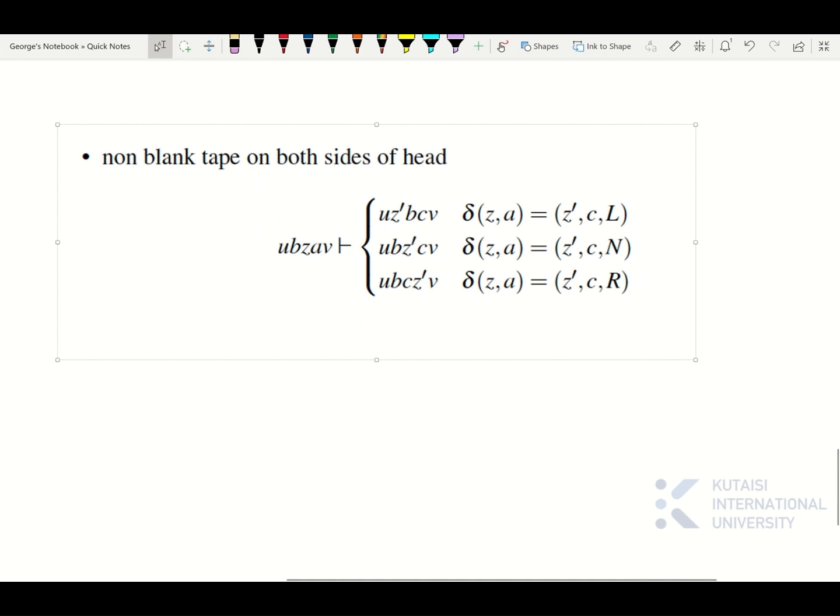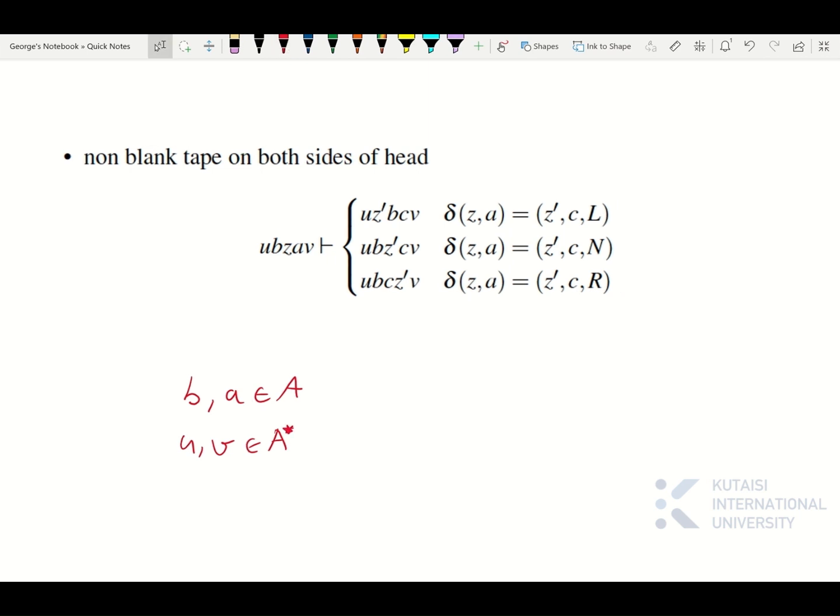Here what I mean is that B and A are just single letters, and U and V are strings. If I write this part as a picture, it looks like this. You have a cell like this, you have B here, and you have A here.